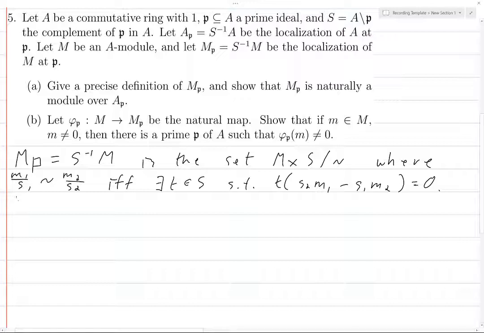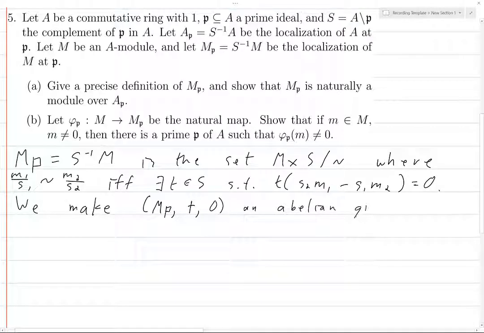So here we make M_P into an abelian group, with 0 as the identity, by addition: M1 over S1 plus M2 over S2 is equal to M1 S2 plus M2 S1. I think that's flipped.